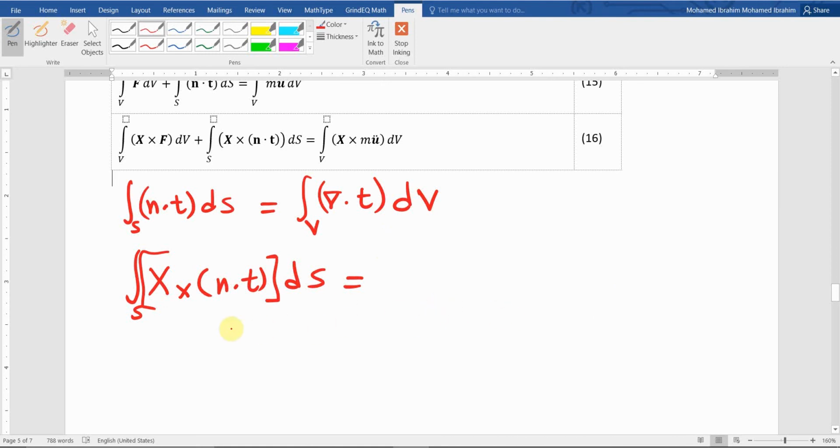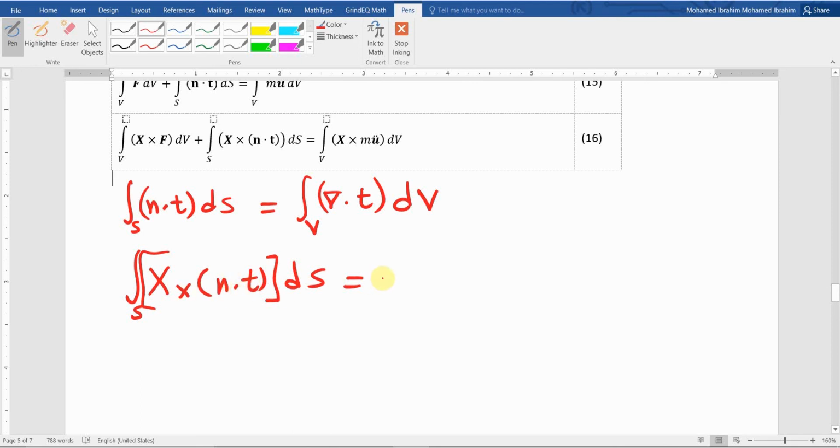This integral over the surface will be converted into an equivalent form, because we have to do the integration over the surface of the multiplication of two main functions, the x cross product and the n dot t.